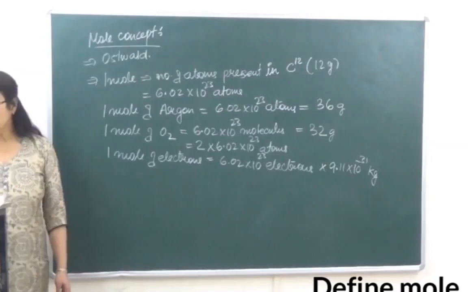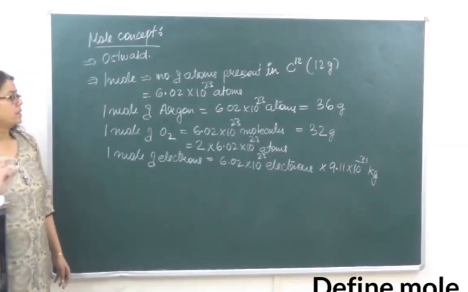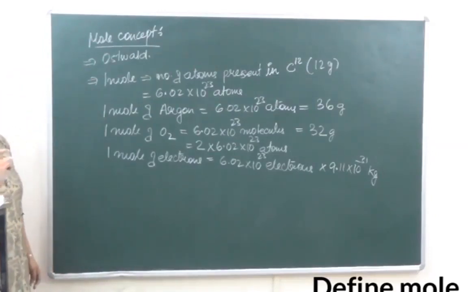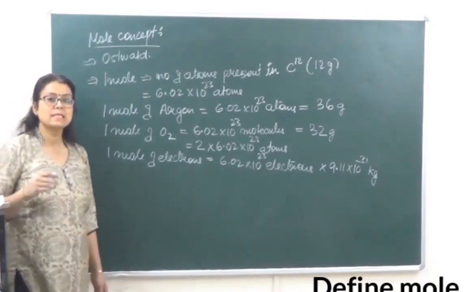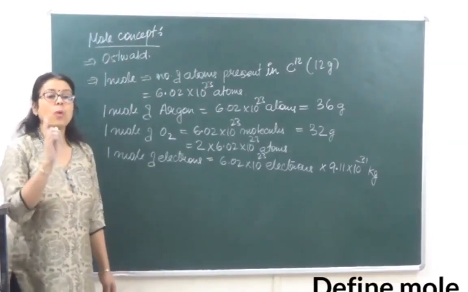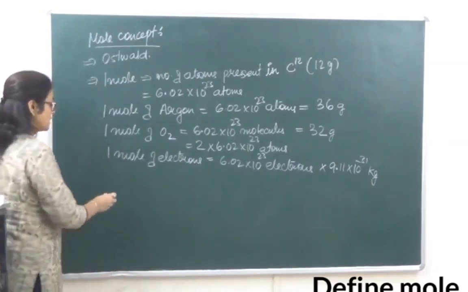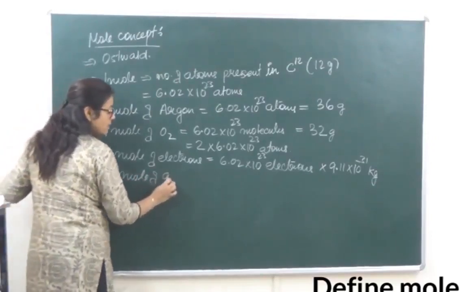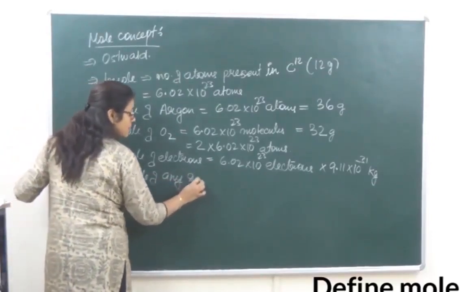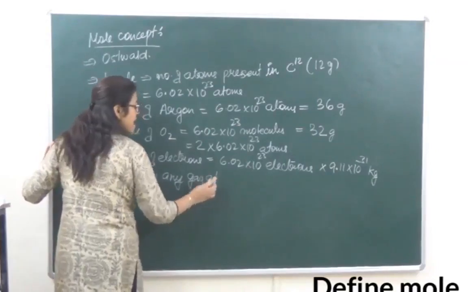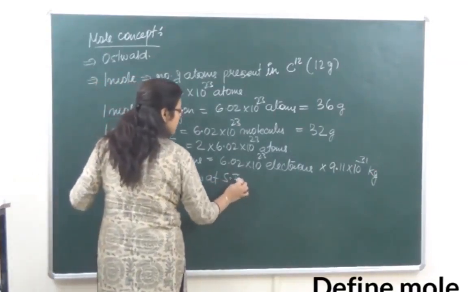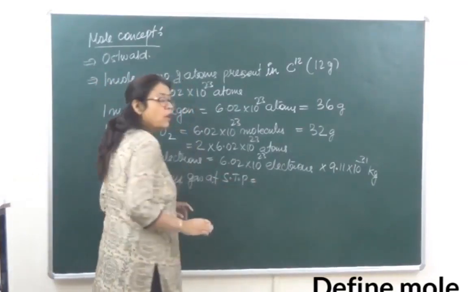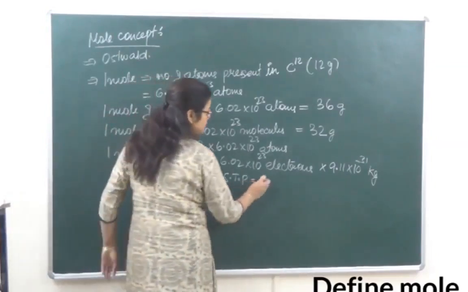Now how are we going to calculate the number of moles? But before that, one more thing is left: if we consider gases, then 1 mole of every gas, in fact 1 mole of any gas at STP, how much volume will it occupy?